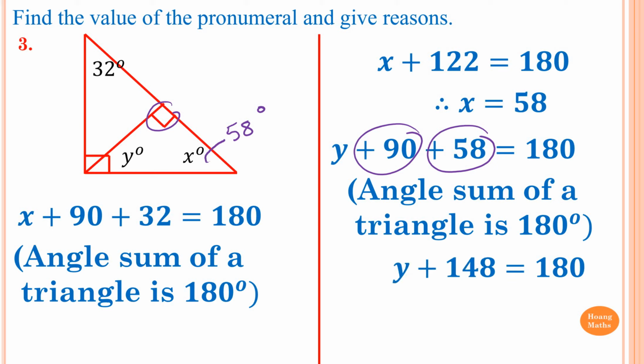So y plus 148 is 180. Now, minus 148 on the left, minus 148 on the right. So this disappears. So 180 minus 150 is 30. You add 2, so 32. So therefore, y is equal to 32.